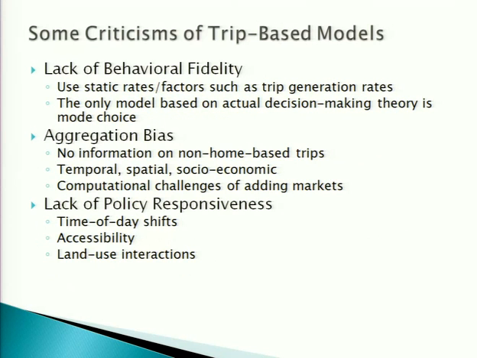Some of the problems with trip-based models: behavioral fidelity is a big problem. We decided, for example, so we look at this survey data, and we're going to say that 10% of travel happens in the PM peak, right? And so it's totally insensitive to anything.